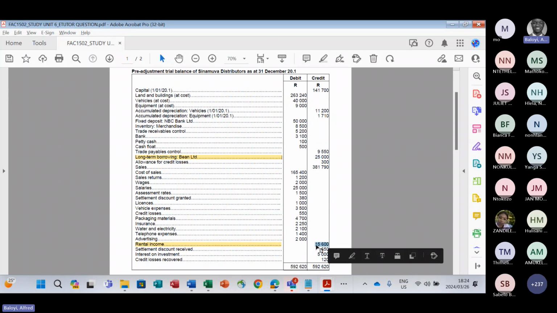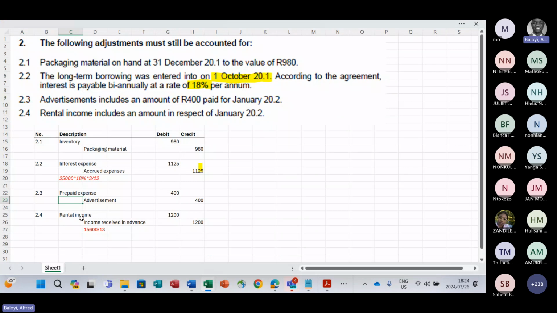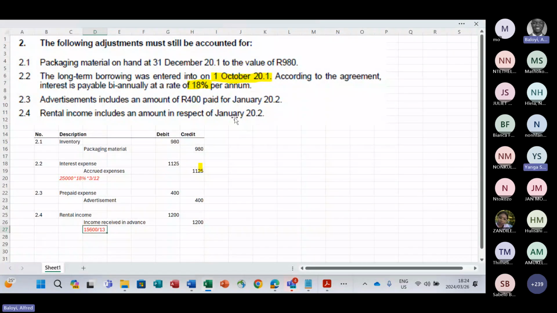So in addition to the 12 months for the period, there's an additional month included in here. To determine the monthly rental amount for January, you take the total amount and divide by 13, because it's the 12 months for 20.1 and the additional month for 20.2, which is 13 months. Then you multiply by 1 for the 1 month of January.